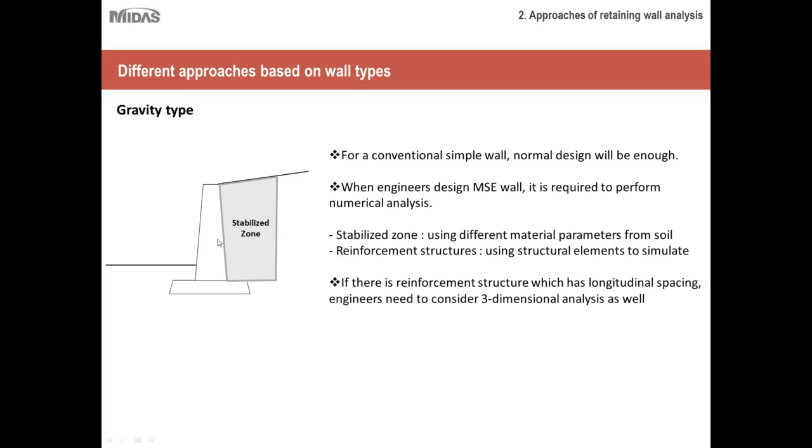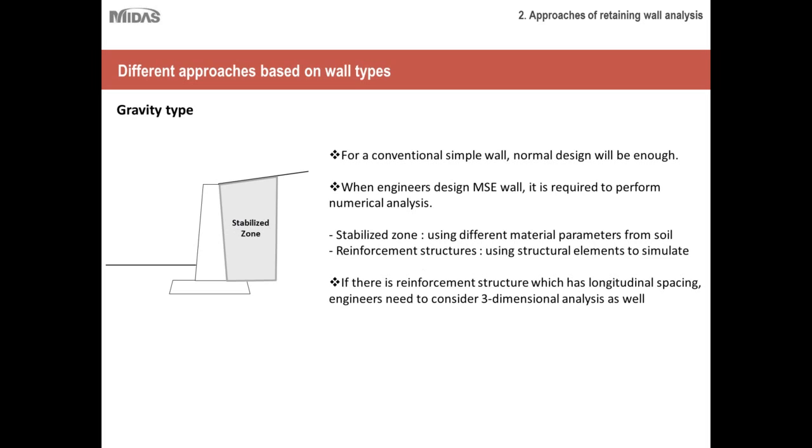So if the arrangement of the reinforcement widely varies from one section to another, or if you are using a reinforcement member which behaves like a geotextile or a geogrid or has two-dimensional properties, then you should go for 3D analysis.